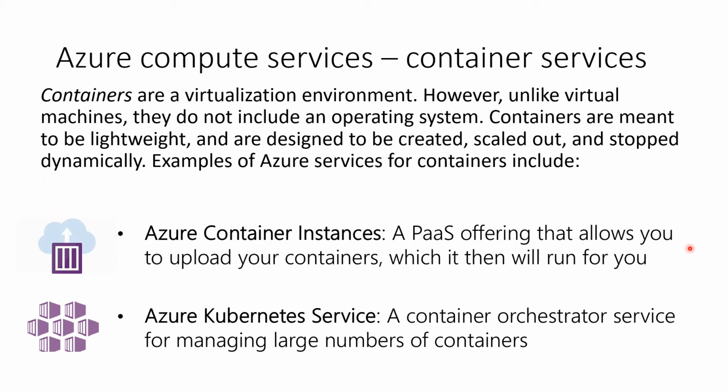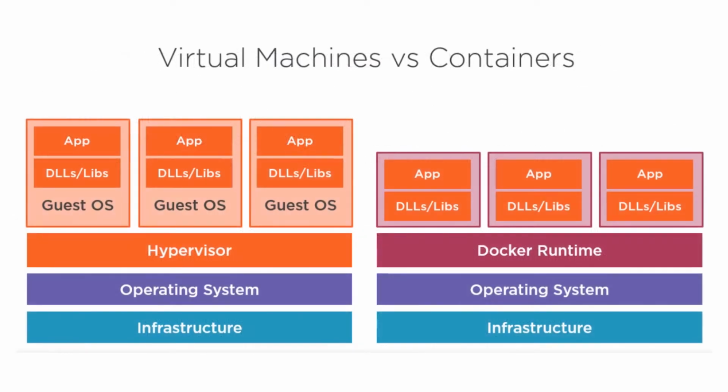Now let's see how they're different. We have this virtual machine block on the left and containers on the right. First, we'll discuss the virtual machines, the structure of it, and I'll give you some high level differences between both in the analysis at the end of this slide.